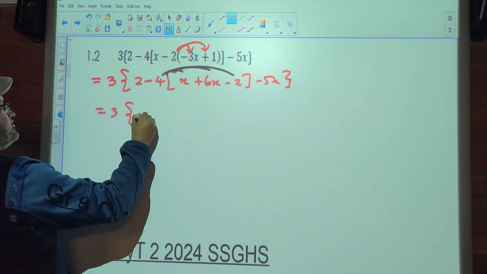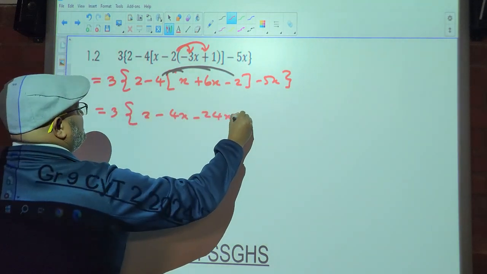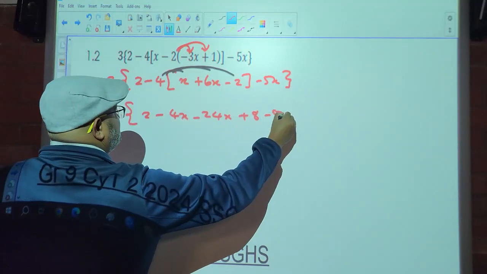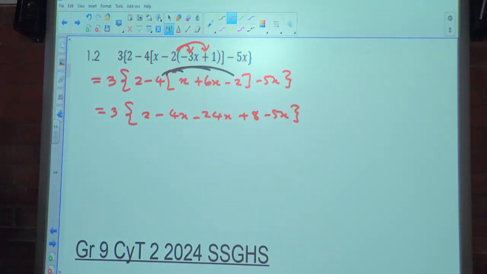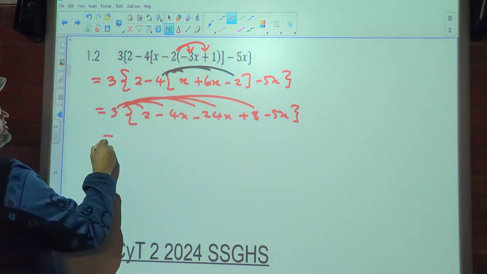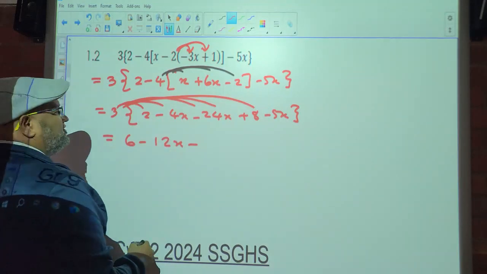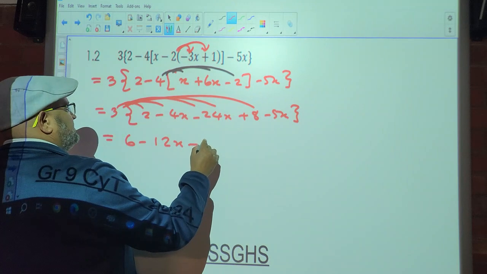3 into 2 minus 4x minus 24x plus 8 minus 5x. Okay. Now I must multiply this 3 in, which now gives me 6 minus 12x minus 3 times 24 is 72.